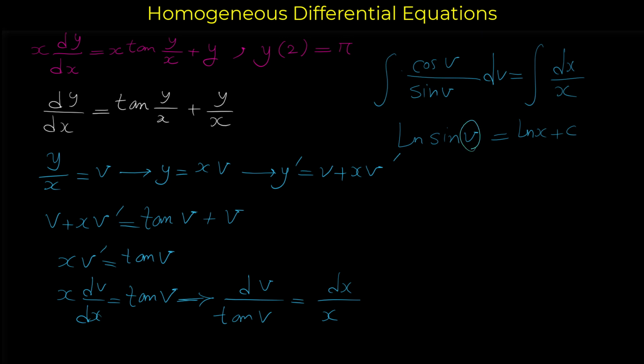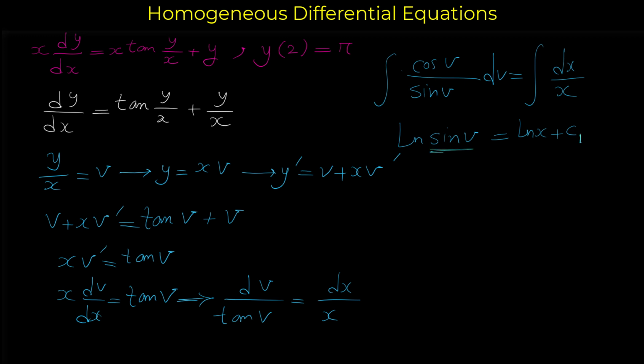Here immediately we can replace v with y over x, but I prefer to, again similar to the previous question, simplify this. We can get rid of this c with the same method. First, instead of c, I put c1 here.